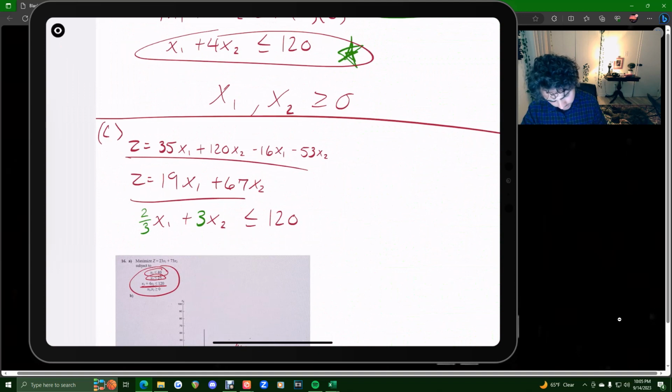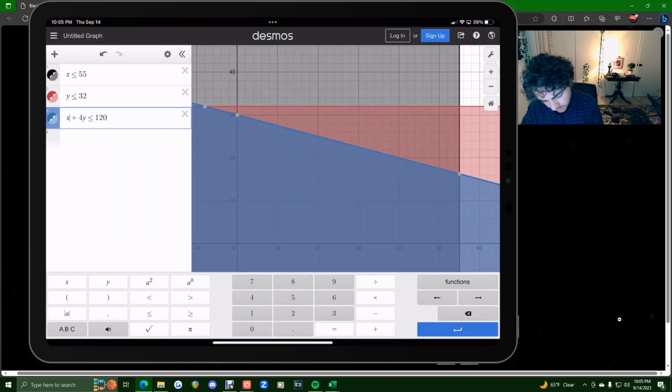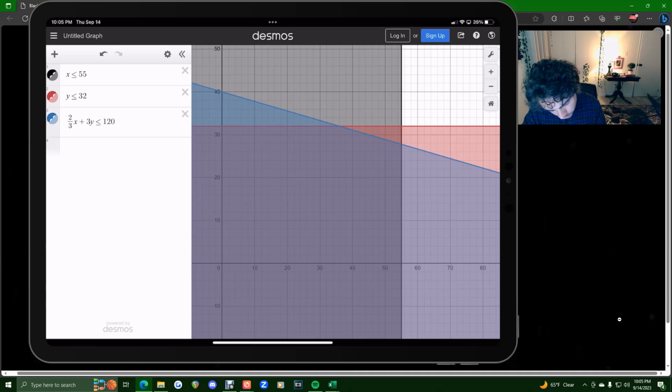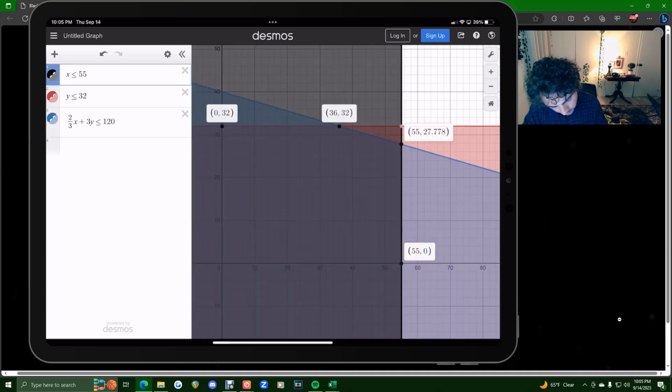So what does that mean we change on the graph? Really, it's just changing this here to 2/3 and then this to 3. And then we have our new intersection points that we can see here, here, here, and here. Okay? So, yeah.